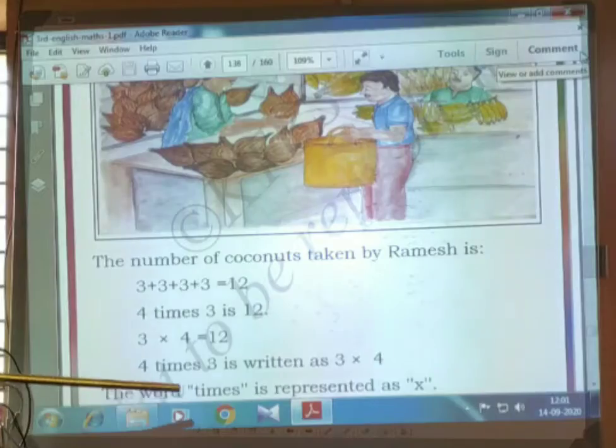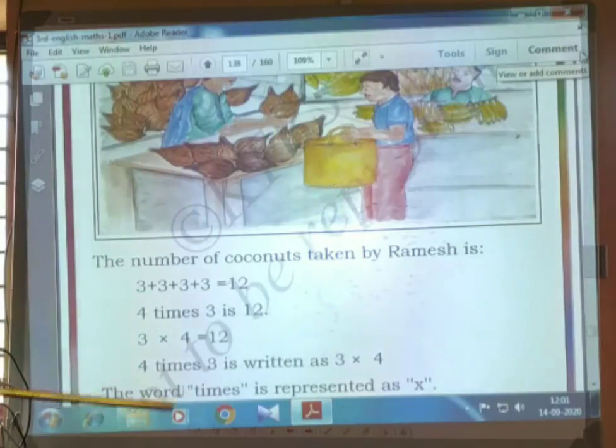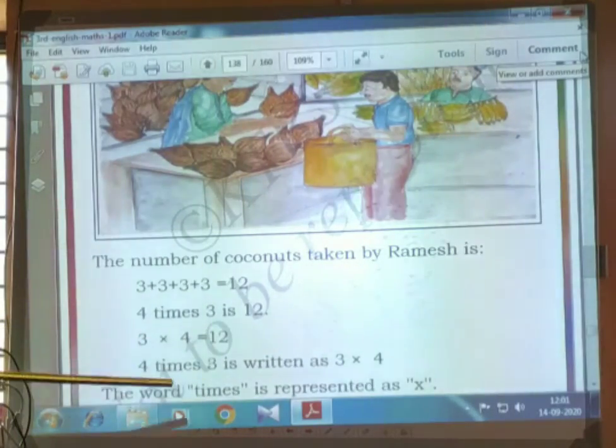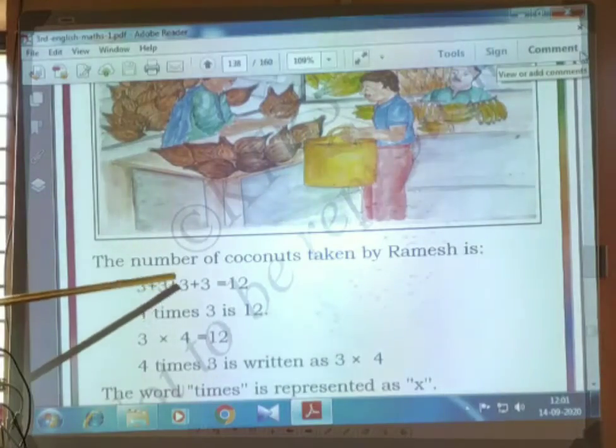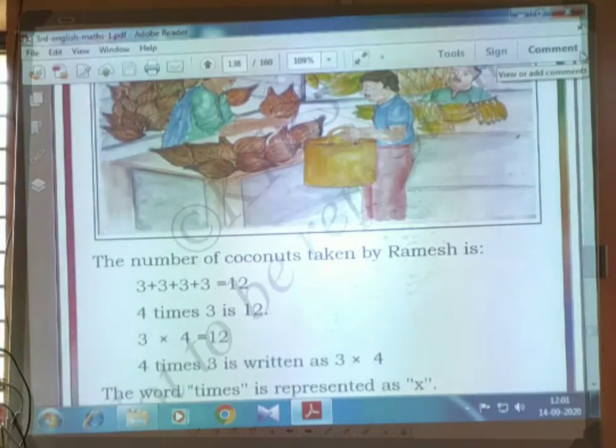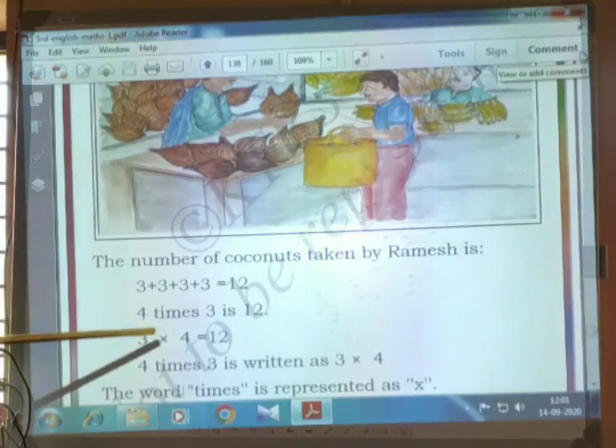Means 3 plus 3 plus 3 plus 3 is equal to 12. 3 is added 4 times. 3 into 4 is equal to 12.